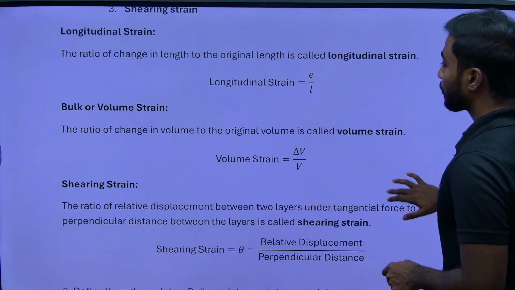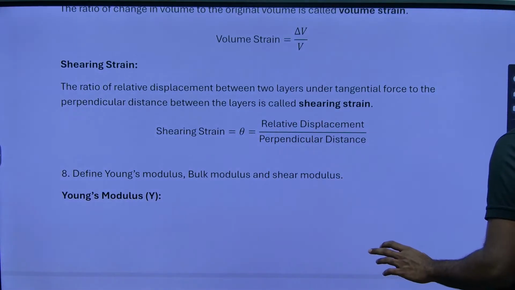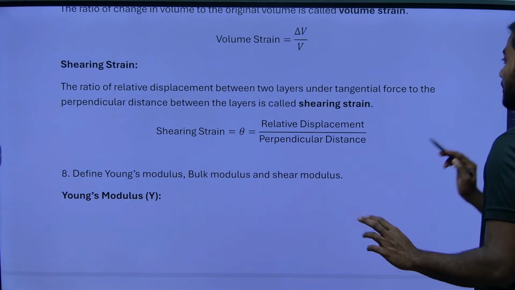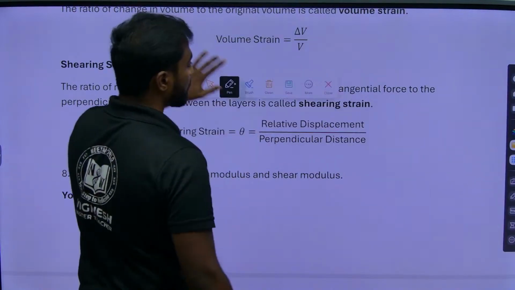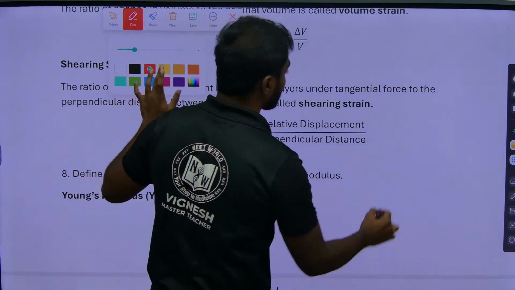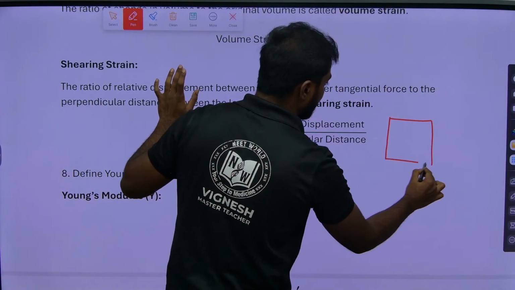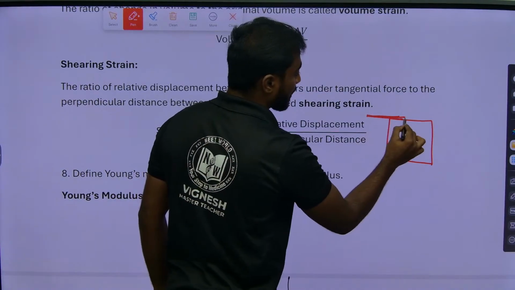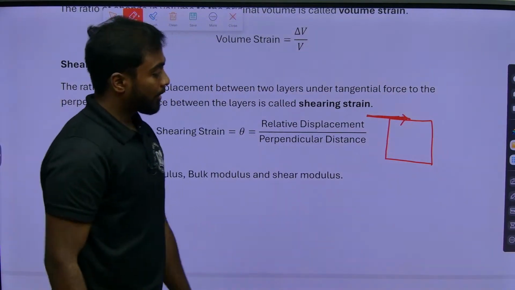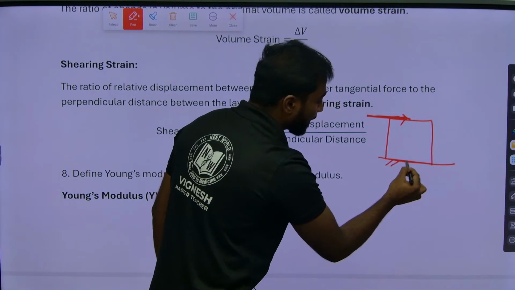So next one, if you see shearing strain. Let me give a diagrammatic point of view so that it will be easy to understand. If I take an object like this, and I am applying a parallel force, and let me take the bottom as a fixed point.